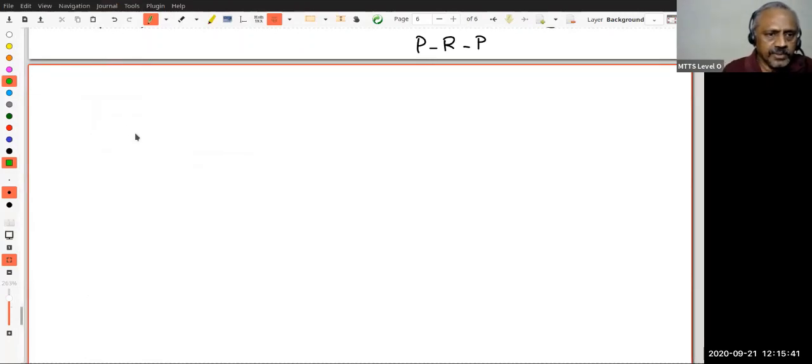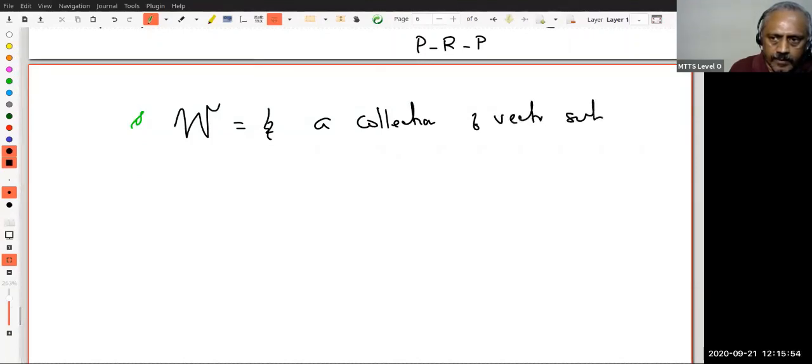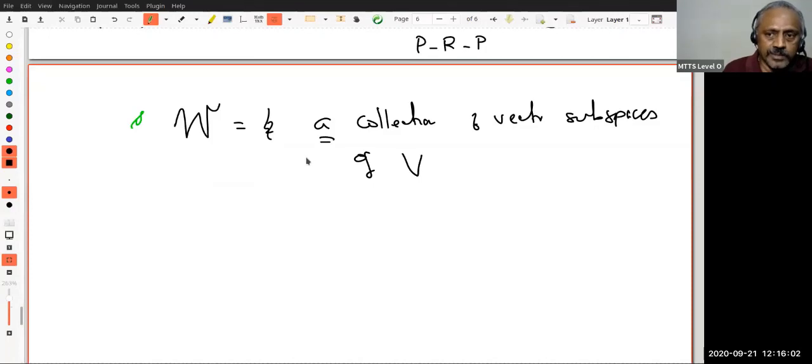Now what I want to do is, suppose this is a collection of vector subspaces of a given vector space B. It's not the collection of all vector subspaces.